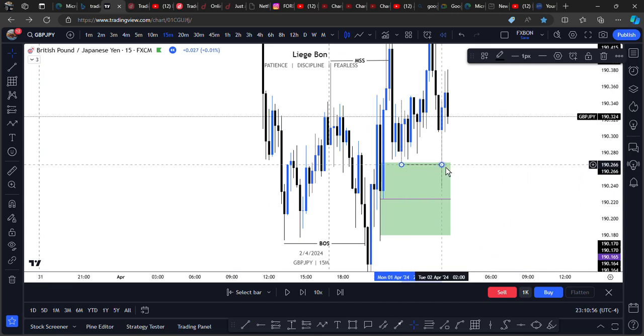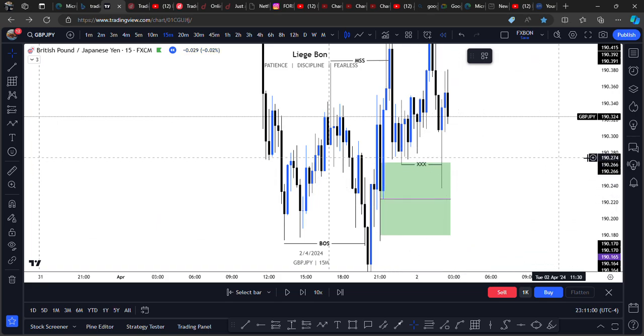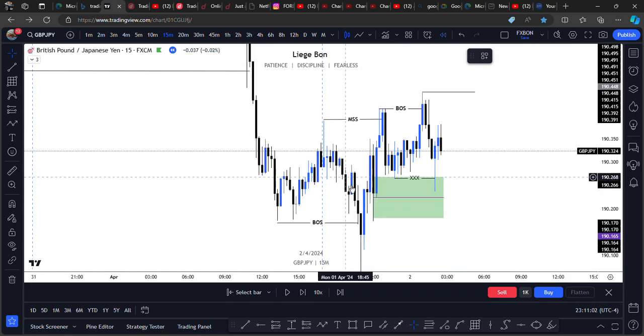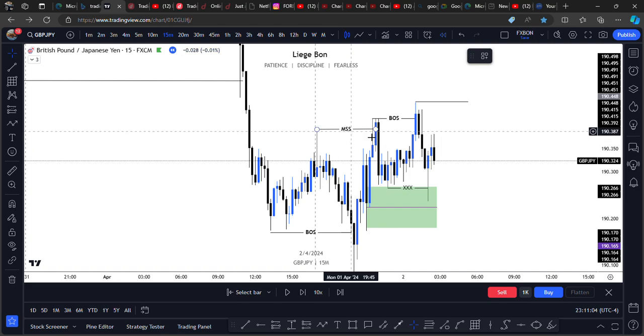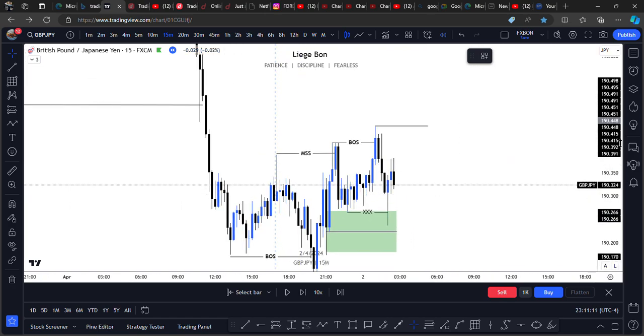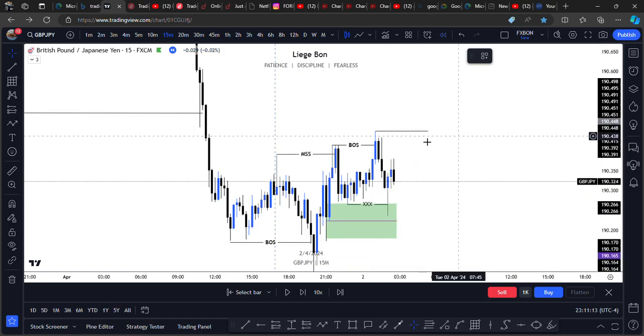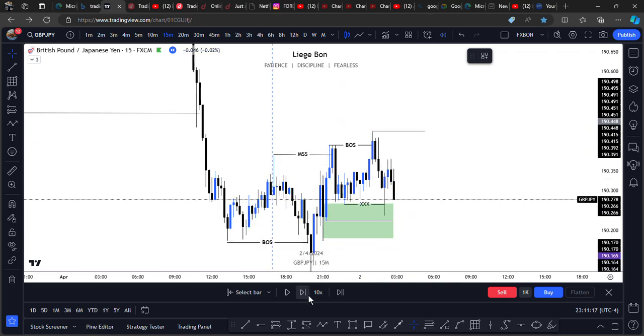So market had to take out this liquidity to give us a proper inducement. So in other words, we are still working with this demand that caused this shift. We don't want to trade with this one. We don't want to be hasty. We want to be patient. All right. So let's wait and see if we can get another break of this structure here before we start looking for buying opportunities.